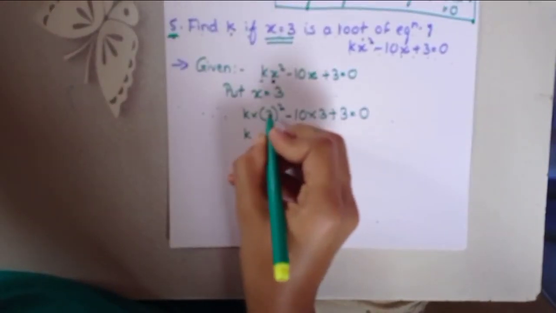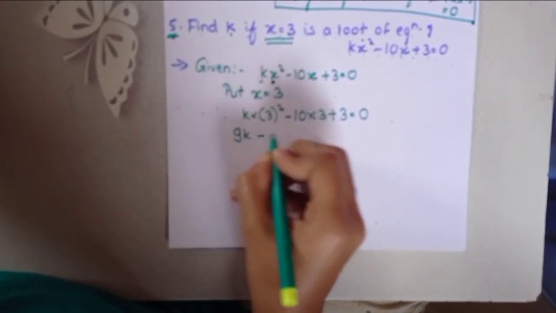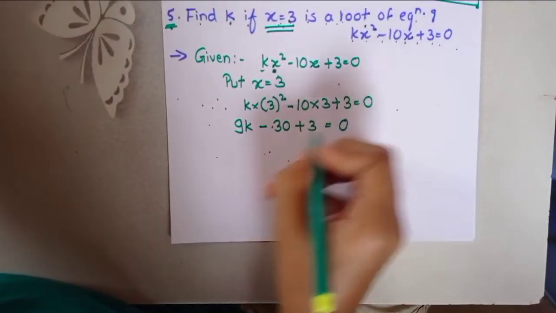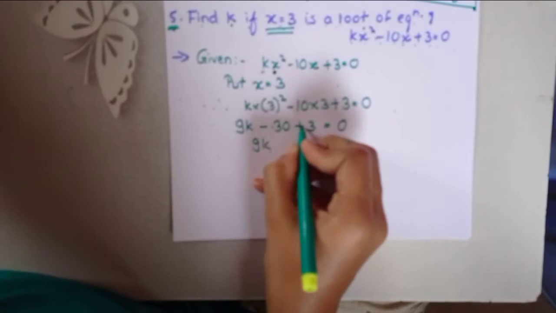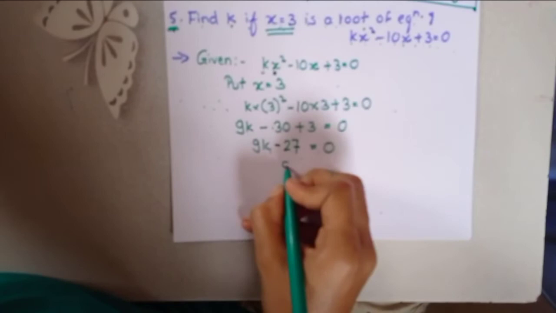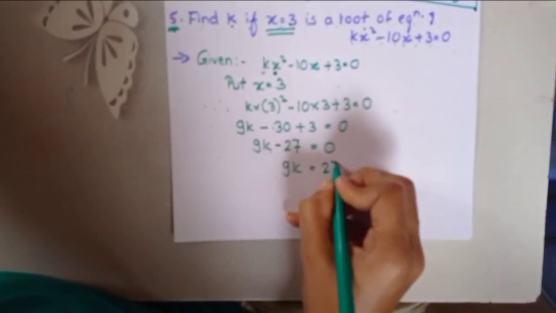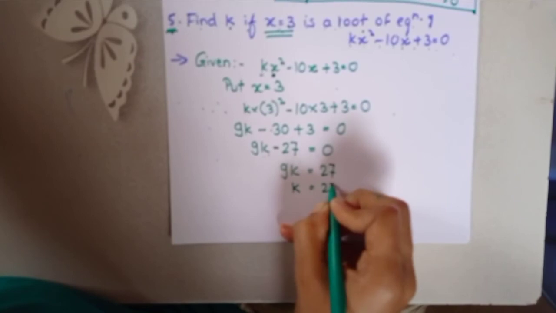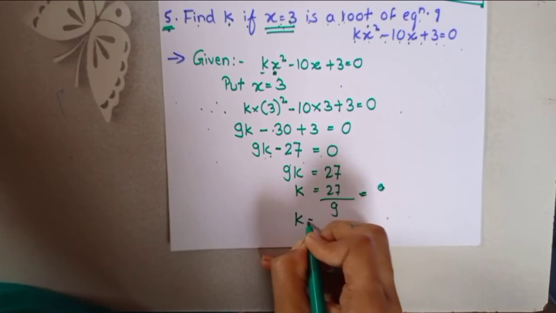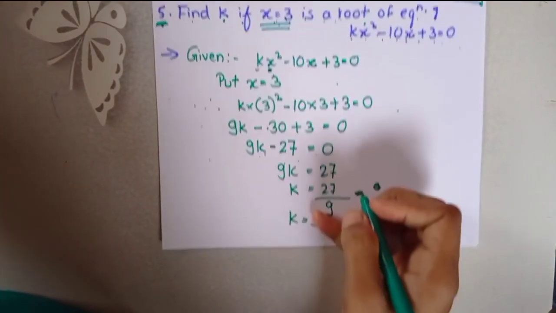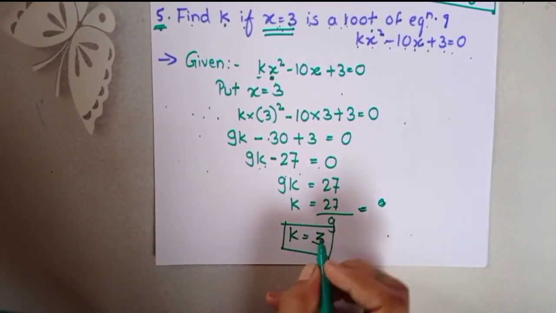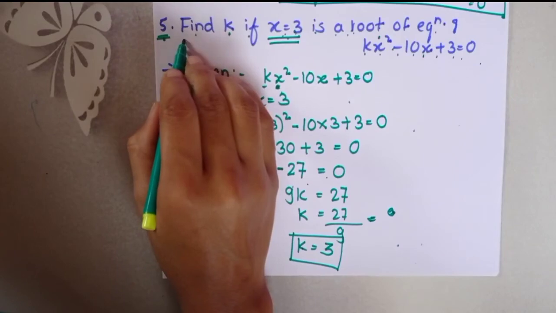That is, 3 square is 9k, minus 10 threes are 30, plus 3 is equal to 0. 9k minus 27 is equal to 0. 9k is equal to 27. k is equal to 27 by 9, which is k is equal to 3. We have found the value of k which was asked in the question.